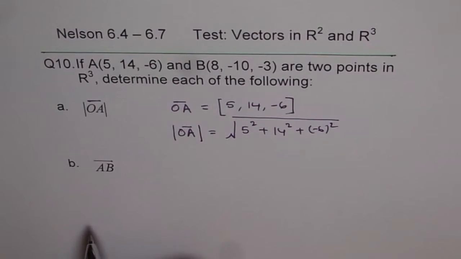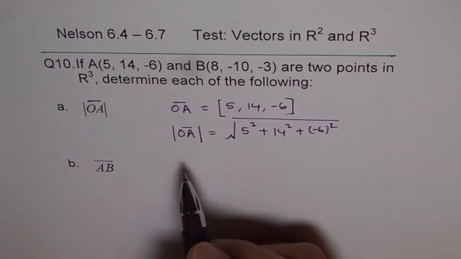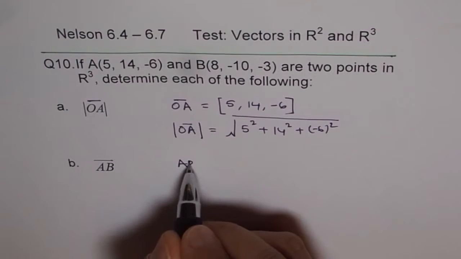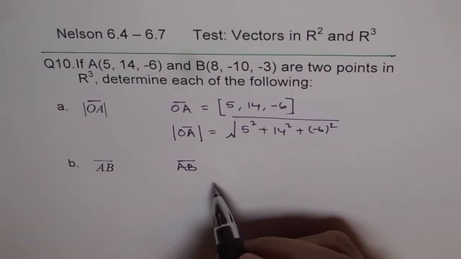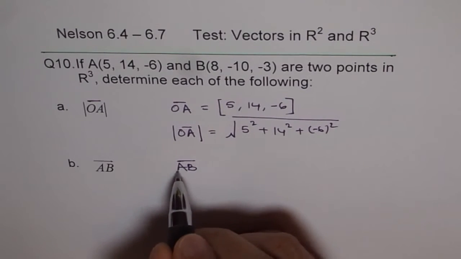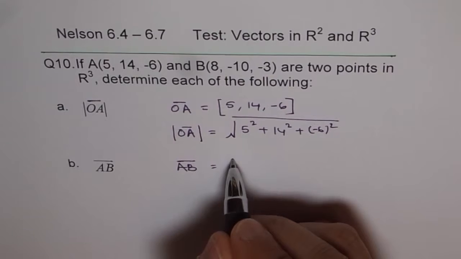Now vector AB is from A to B, right? So I'll just use a matrix to write down this vector. You could use unit vector notation to find it out. So the matrix, that means B minus A, right? So we'll use a column matrix to write it down here.